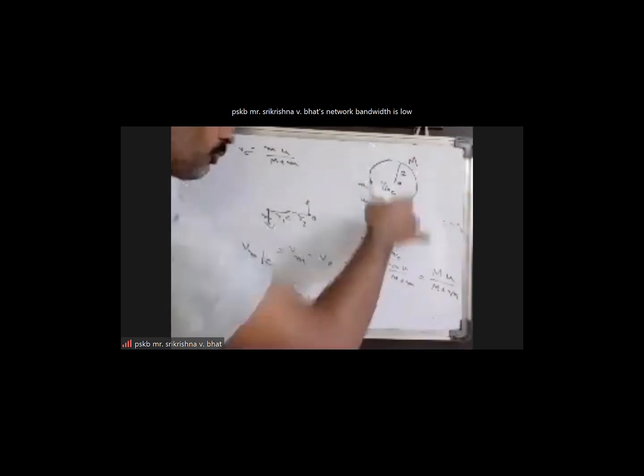The center of mass position should be somewhere here because center of mass moves along this line. When this happens, this bead will still have velocity this way. With respect to center of mass, it will have velocity upwards and center of mass has velocity downwards. So when you add both the vectors, you will get minimum magnitude.